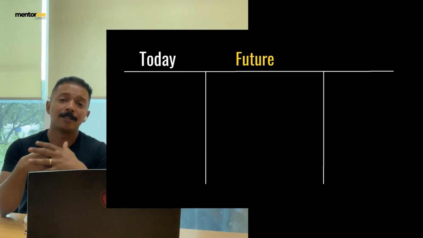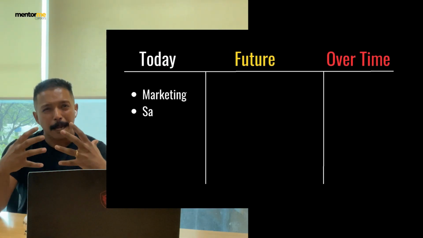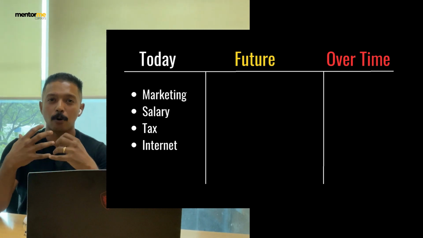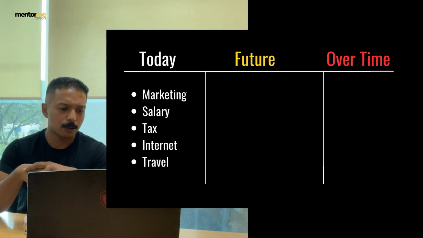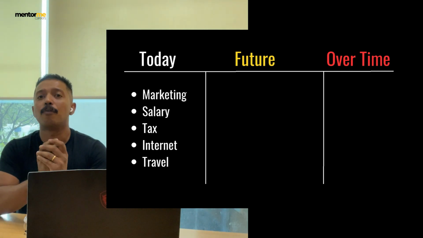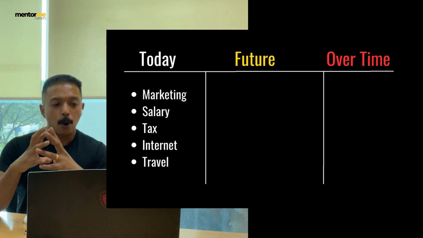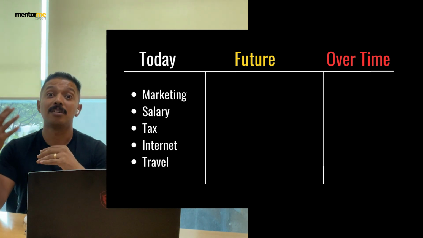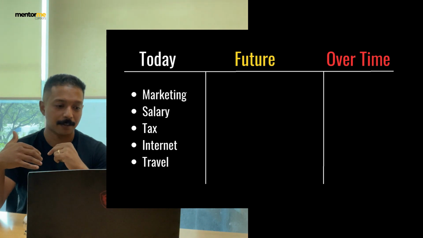So first, let's understand what we mean by today. There are certain expenses which you incur only for today, or a specific period, let's say a given year. So let's say you do marketing for a specific year. Obviously, you do not do marketing for 3 years altogether in one year, right?